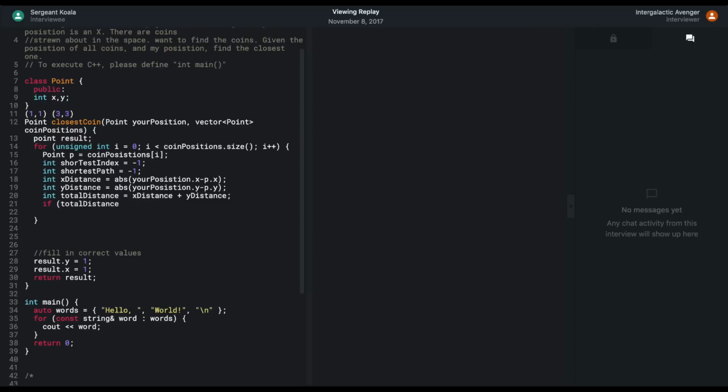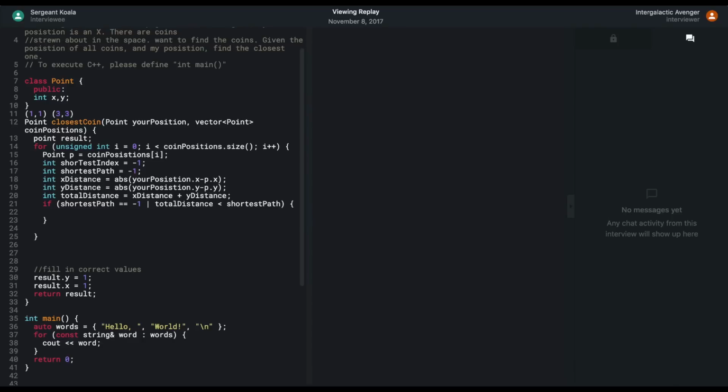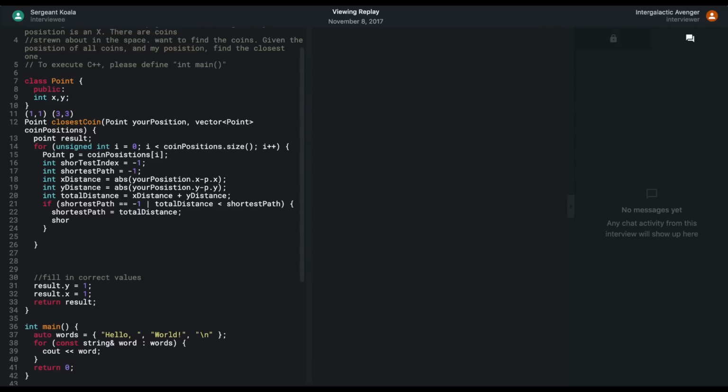So if shortest path equals -1 or total distance is less than shortest path, then shortest path is equal to total distance and shortest index is equal to I. Shortest path was my overall shortest path, and total distance is the one that I calculated here.